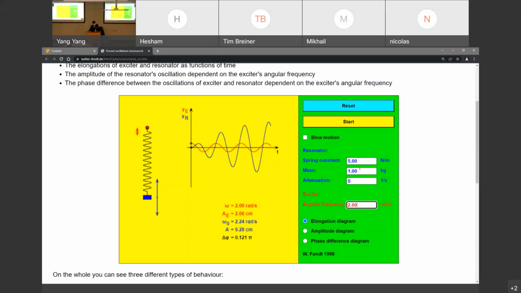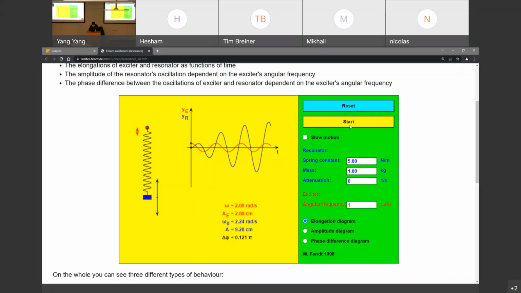What is the natural frequency of the system? 2.236, the square root of 5. So for the angular frequency, we probably just reduce it to 1.